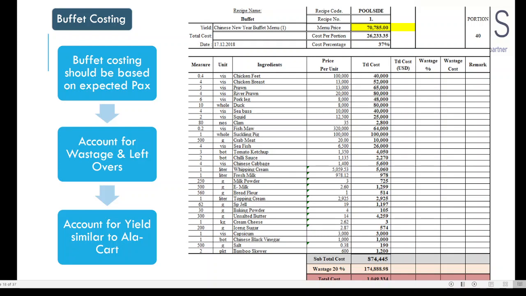So there is a negative incentive for them to continue producing more and more, right? They are not going to really control themselves. That's why we usually don't credit out the cost of leftover items if they are transferred to other outlets, to the breakfast buffet next day, or to the staff canteen. Is that clear?